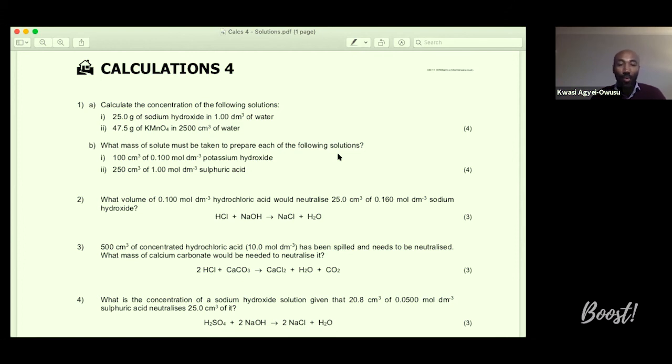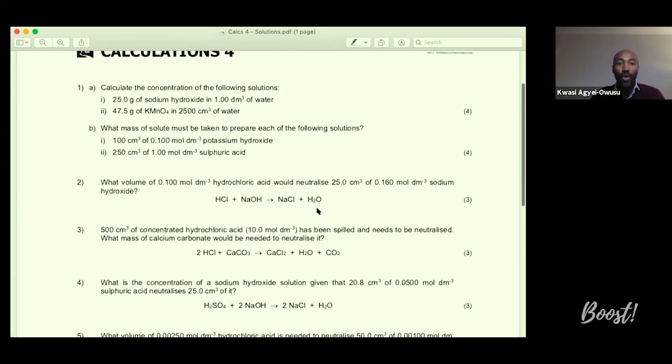And then what we want to do is work out the number of moles of whatever substance we can work out the number of moles for, and use the equation, use the molar ratio to allow us to work out the number of moles of the unknown, and therefore access the final answer.